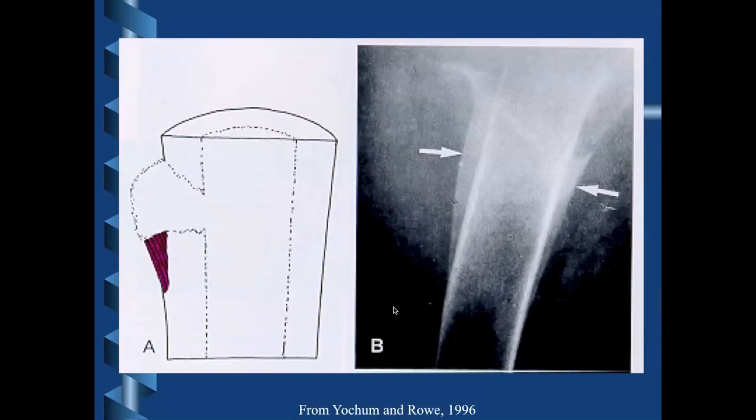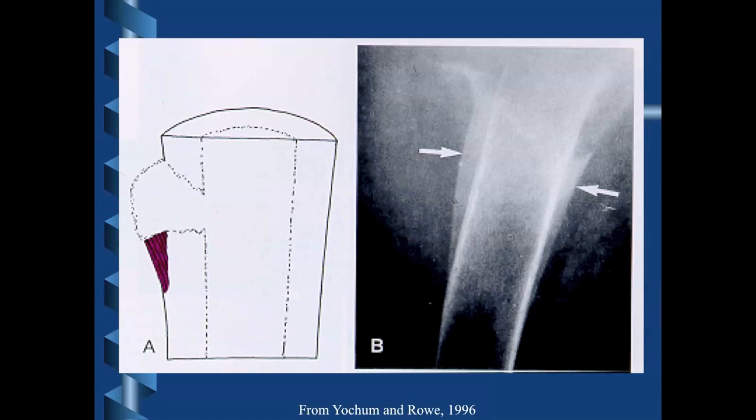So this is what happens. We can see on the diagram here, this is just representing the cortical bone. In the middle here we have the cancellous bone and the cortical bone on the other side of the shaft. And what's happening is the infection, we'll just use infection as the example, or the lesion, is now eating into the cortex. The periosteum's being eaten away, and the periosteum's getting lifted as the inflammation or infection is tracking back.